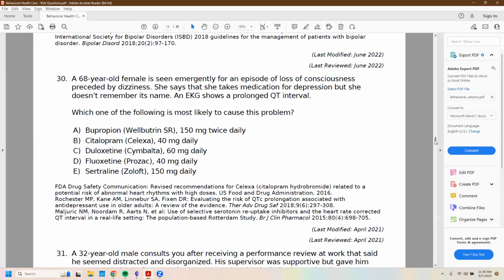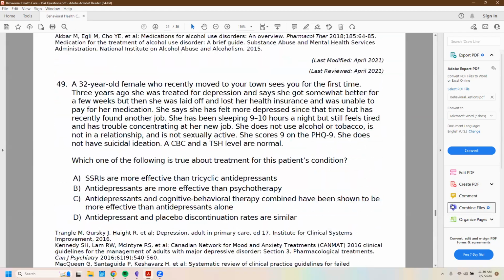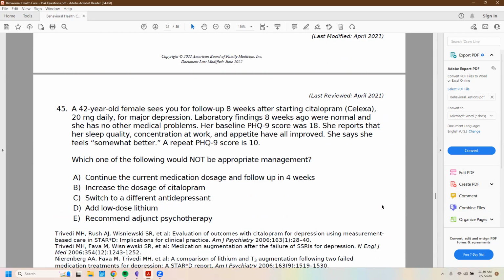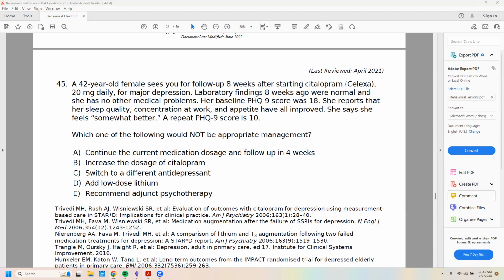Oh, no, too easy. Y'all know it's citalopram. 45. Okay.